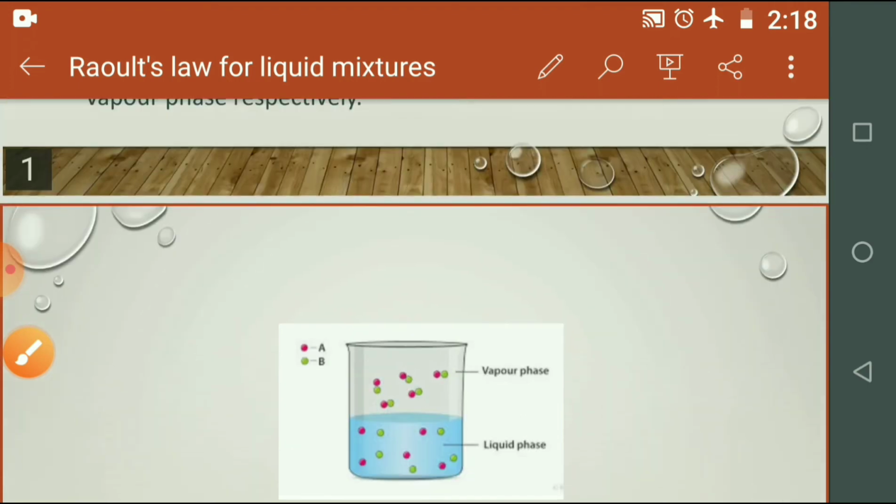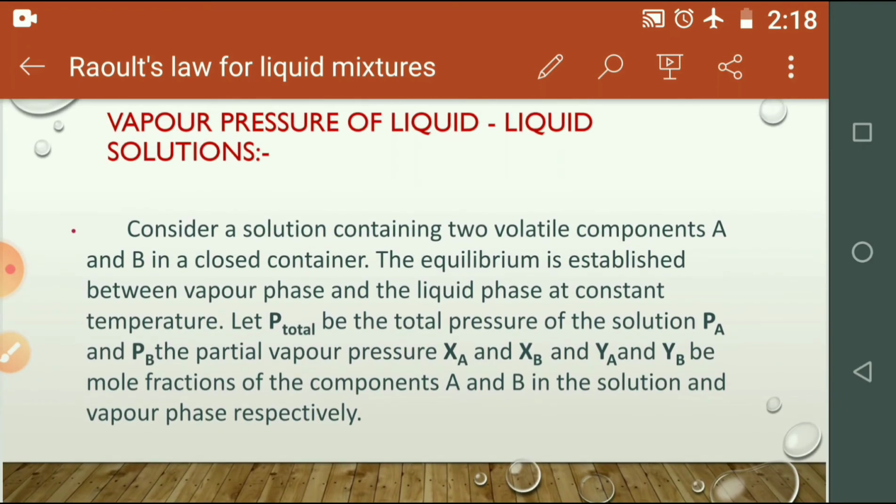Okay, so now we are going to see the vapor pressure of a liquid solution. Consider a solution containing two volatile components A and B in a closed container. The equilibrium is established between the vapor phase and the liquid phase at constant temperature.